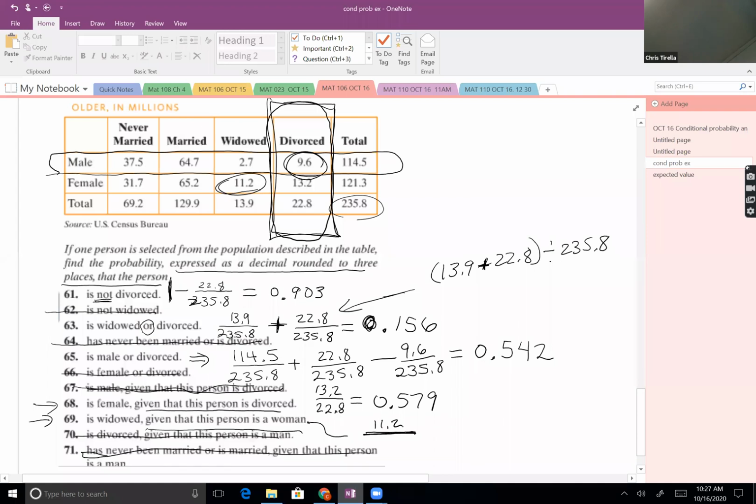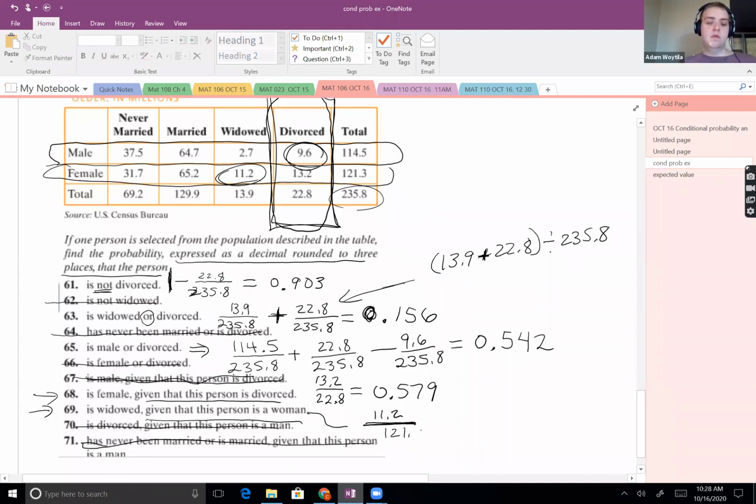So that's going to be my numerator. But my denominator is going to be all of the women, 121.3. Over here, if I'm only looking at the women, I'm only looking at that column. And by column, I mean row, by the way. I'm sorry. I'm only looking at that row.